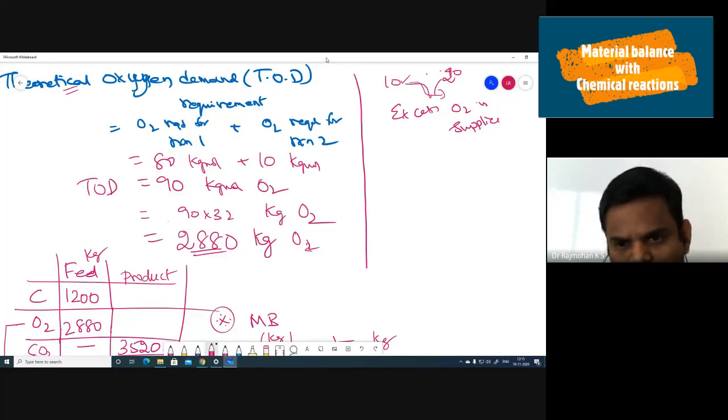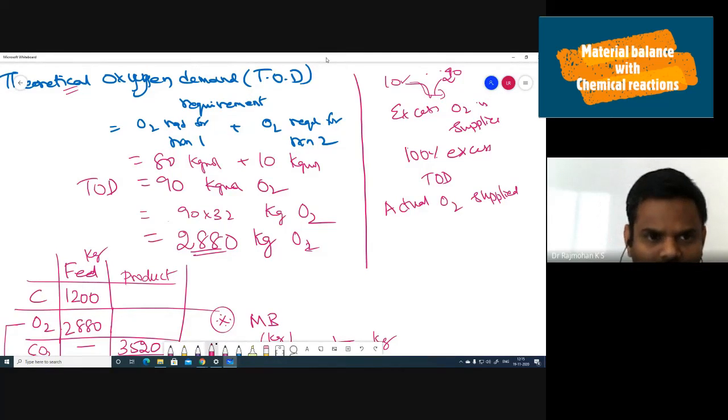So let me say theoretically we want 2880 kg only. There is always, say, 100% excess supplied. So you have the theoretical oxygen demand and the actual oxygen supplied.